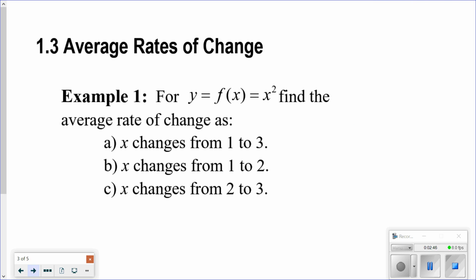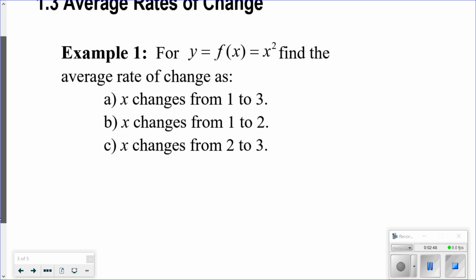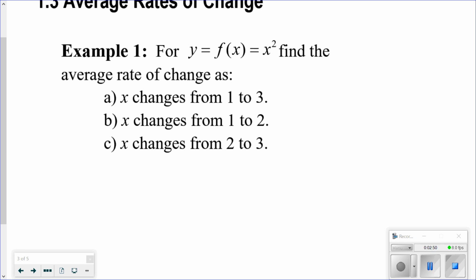Okay, and we can find the average rate of change for this particular function, x squared. So here's our x values. We'll start with example A. So if I take x squared, let's call 1 x1.